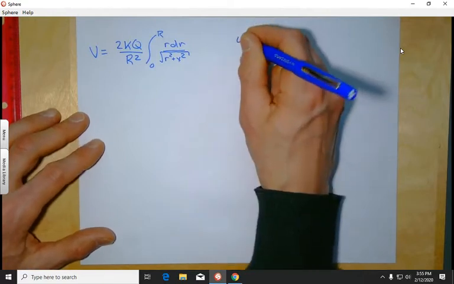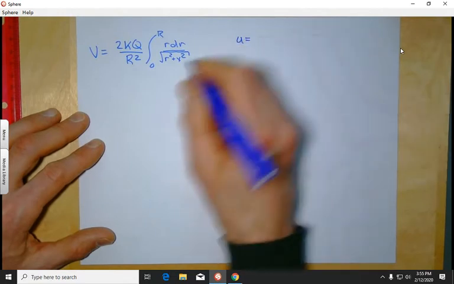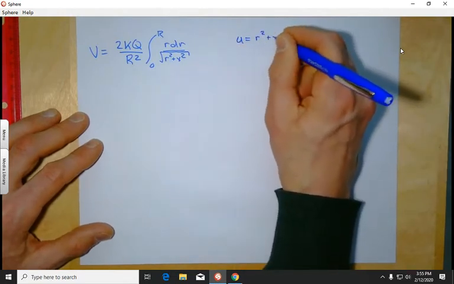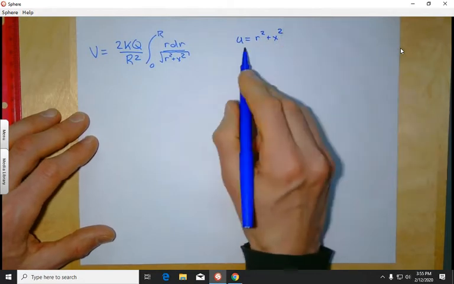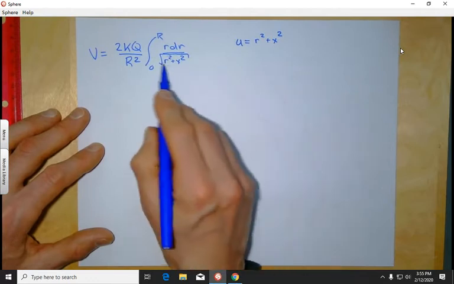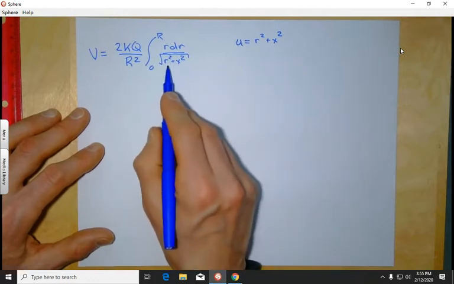So my substitution here is going to be, I'm going to use u as a variable that I substitute, and I'm going to make u equal to r squared plus x squared, because I've got that down here and I want to simplify it.